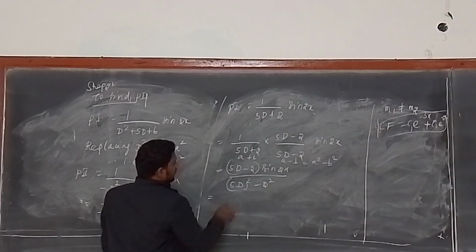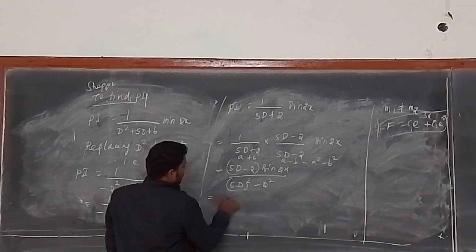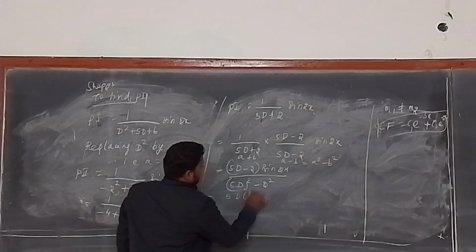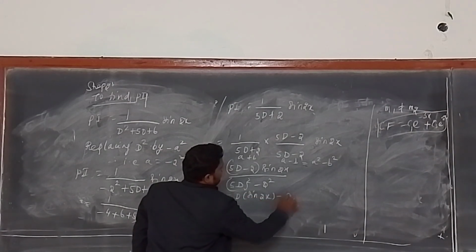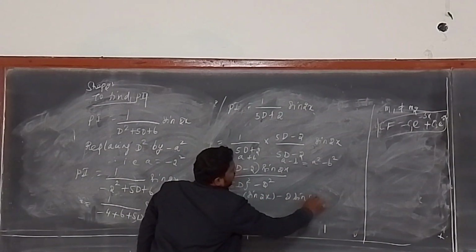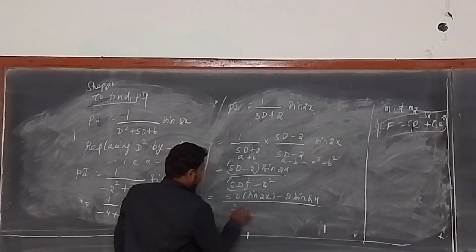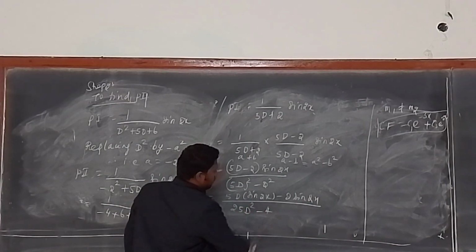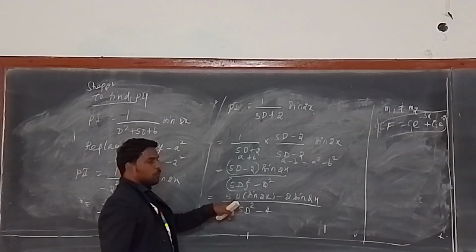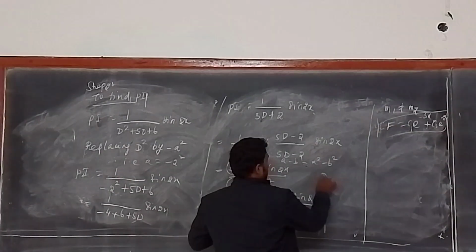So that is equal to 5D into sin 2x minus 2 sin 2x, divided by 25 D square minus 4. Here D is the differential operator.